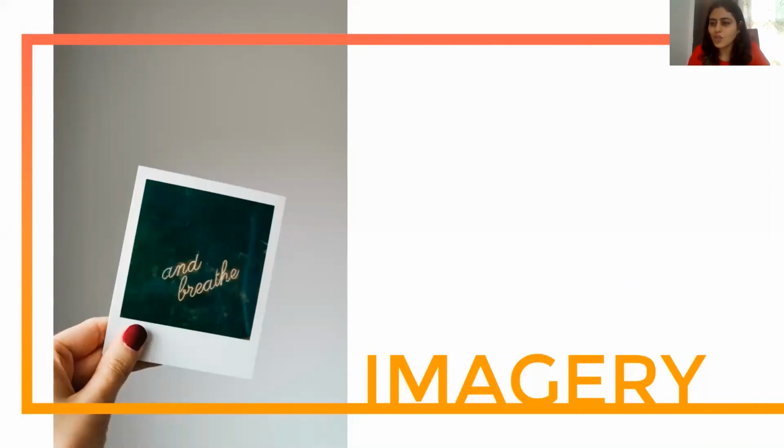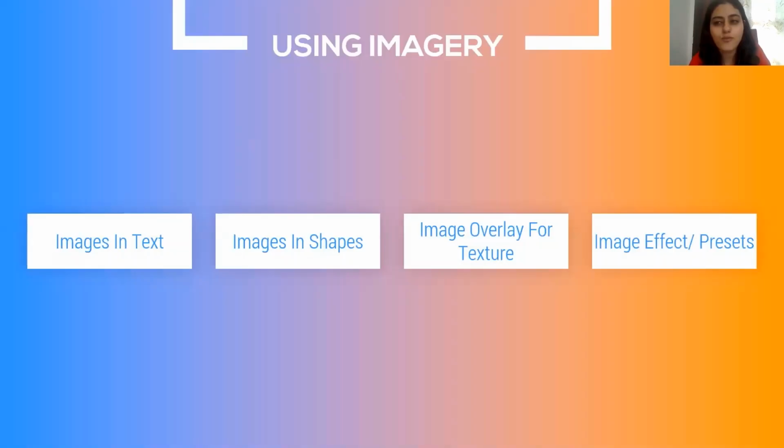Now, how to use imagery in your presentations? There are 4 things that we're going to learn. 2 of them we've actually already covered, but I will skim through them once. We've learned about how you can place an image inside text.